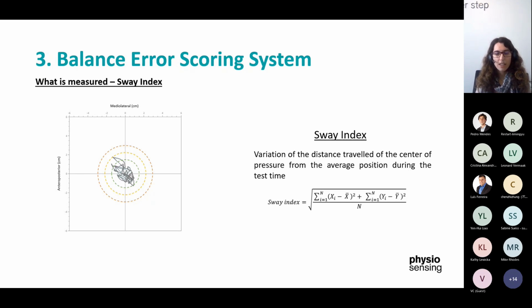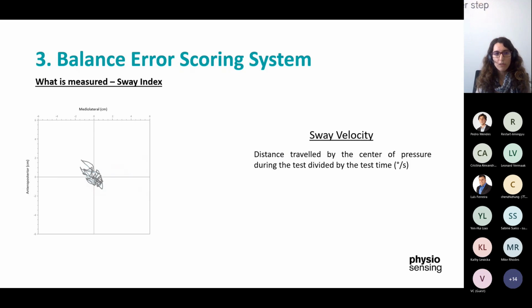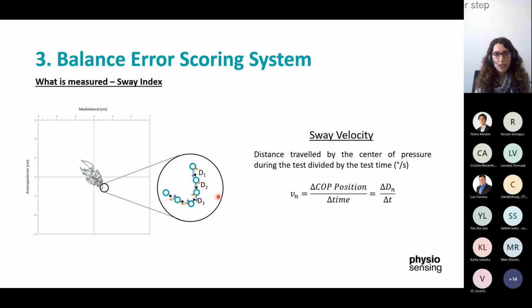Another parameter that we have is the sway velocity. The sway velocity is the distance traveled by the center of pressure divided by the test time. If you take a look at the center of pressure trajectory, it is possible to see all the center of pressure displacement obtained, and then you can calculate the anteroposterior and the mediolateral displacement between each point.